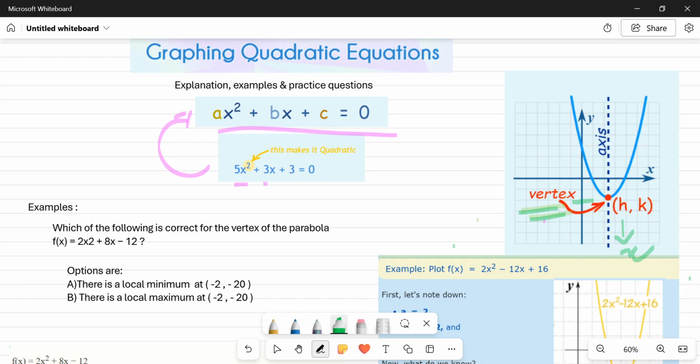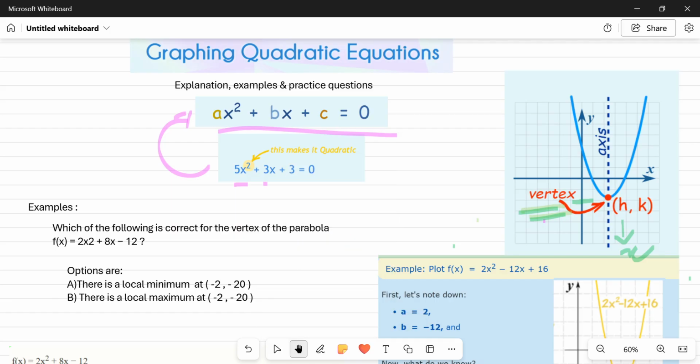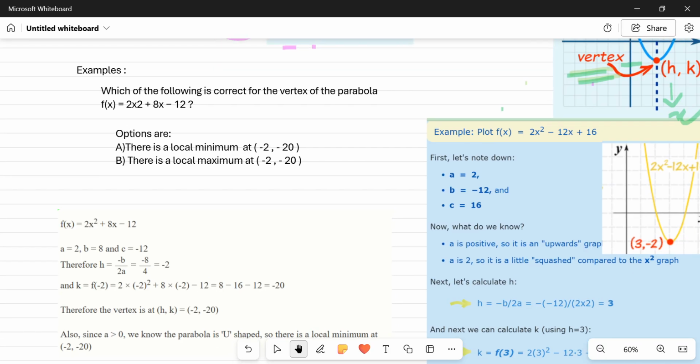So let's solve the example. The example here is: which of the following is correct for the vertex of the parabola?